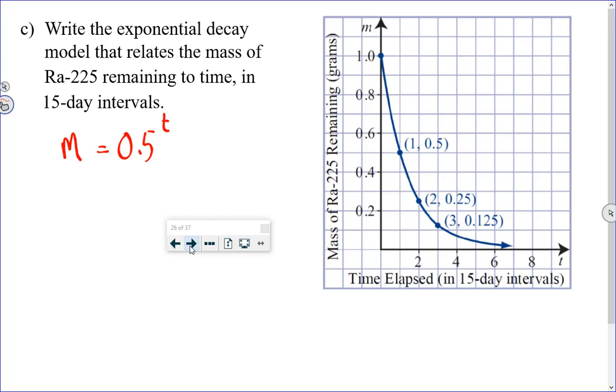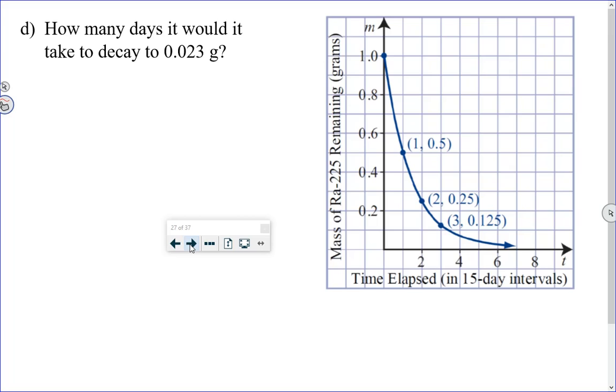All right. How many days would it take to reach that mass? So if we have mass equals 0.5 raised to the t, then we have to solve this equation. Am I going too fast, too slow, just right?